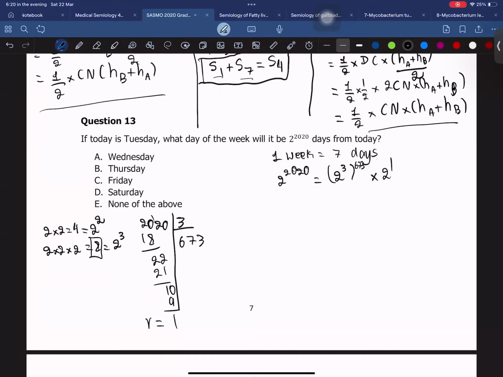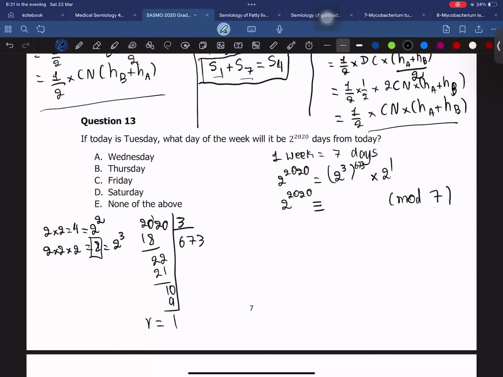So we have 2 to the power of 20 modulo 7, which means divided by 7, but I'm using it as modulo. So we can find the remainder, and the remainder is what we should add to today. So we can find the day that we want, counting from today.